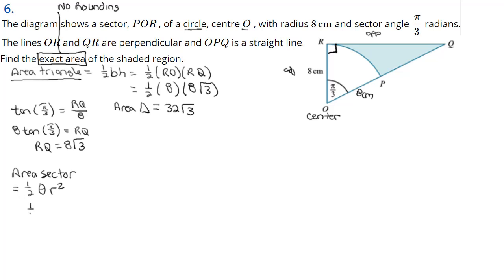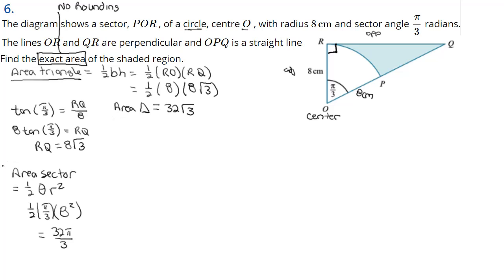I'm going to plug what I know in. The radius squared is 8 squared. When I multiply all that together, I find that the area of the sector is going to be 32 pi over 3.